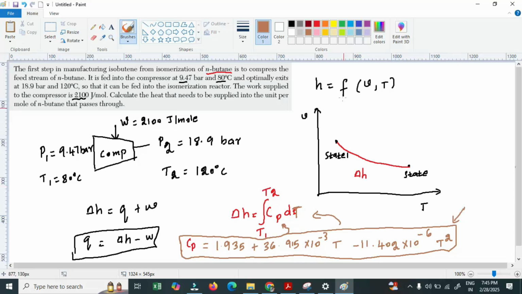For that, what I'm going to do is expand my gas from state 1 to a hypothetical state, from here to here, and then I'm moving my system through an isochoric process, then moving back to my state 2. Let me write a straight line.